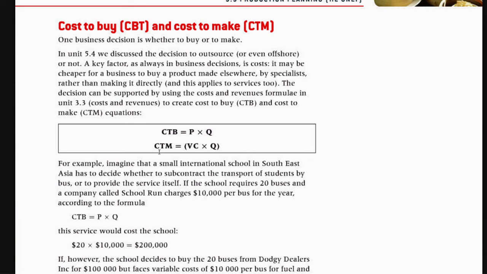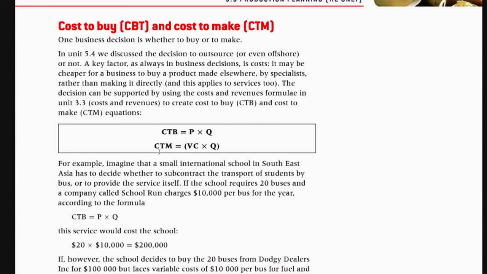Cost to buy is simply the quantity, the number of products, Q, times the price, P. So for our bags of coffee, I think we spend about $6 a pound times 5 pounds is $30 total.